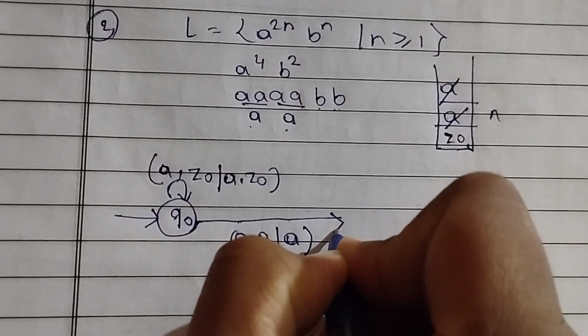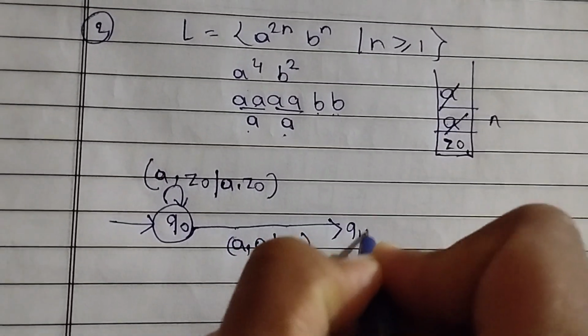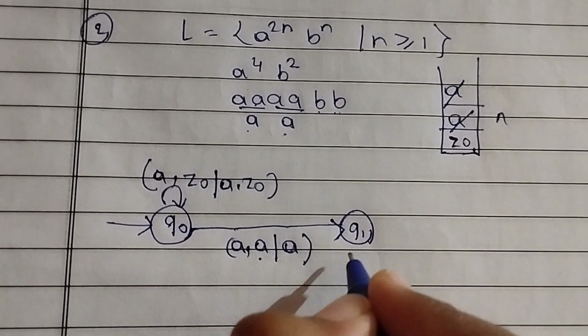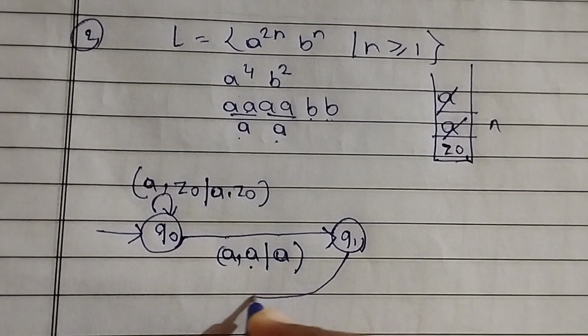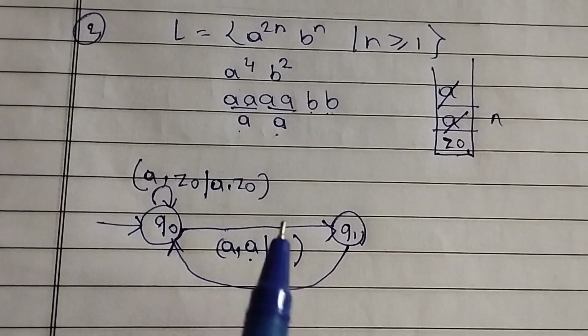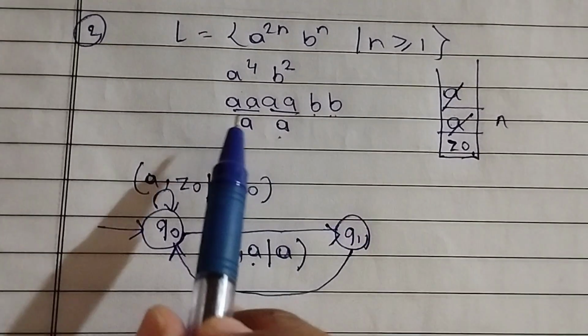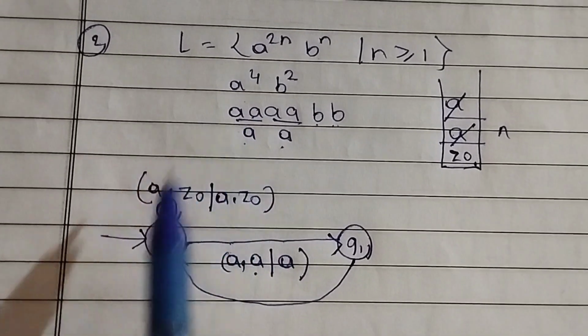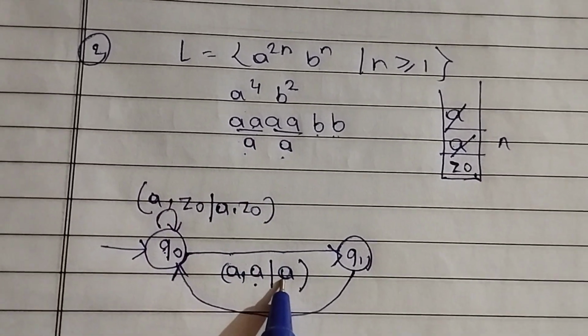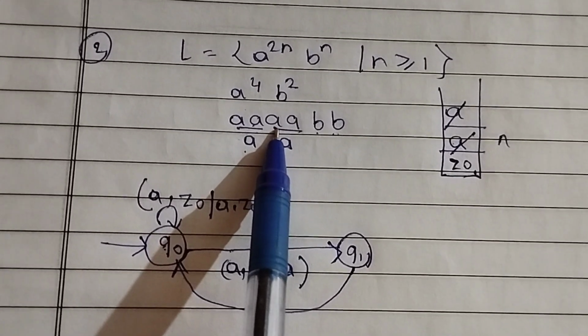Now the next state, Q1, here again a comes, then what we do, we return the a. So for this example, first a comes, we push. Now the second a comes, we keep it as it is. Now the third a we push again.